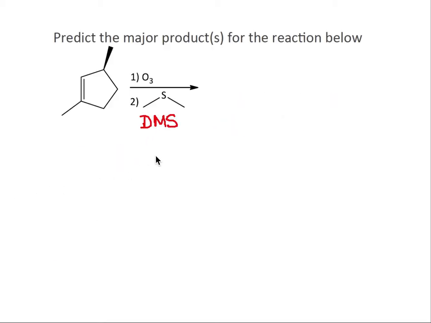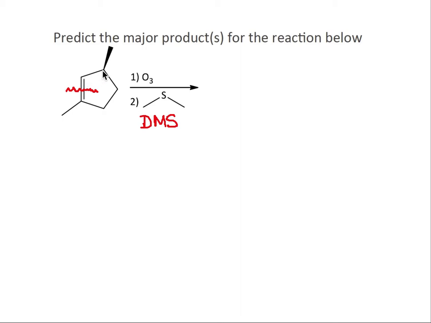Okay, so now if we go back to our example, we know that we have a reductive workup, which means that we're going to end up with a ketone and an aldehyde, or 2 ketones or 2 aldehydes. How do we know what we're going to get? We have the double bond that we're going to break right there.